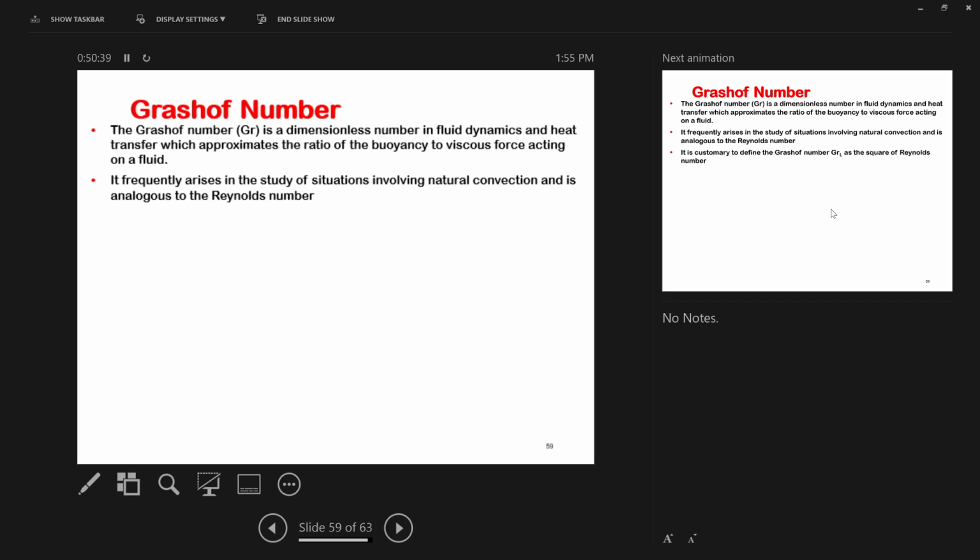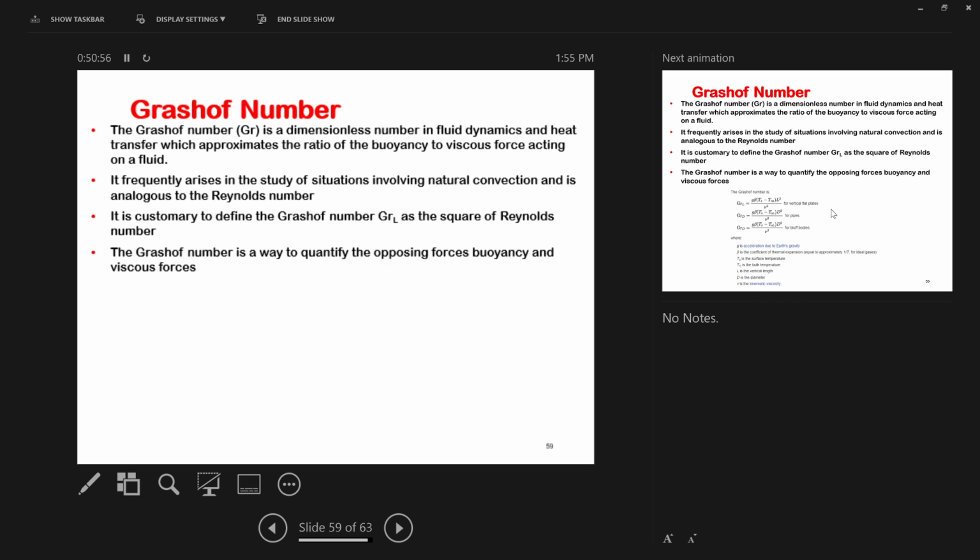I mean, we're going to get there, but the most important characterization of natural convection is going to be your Grashof number. It is customary to define the Grashof number as the square of the Reynolds number. So in natural convection, if you were to calculate the Reynolds number, you have to calculate the Grashof number and then take the square root of it. Does that make sense? Okay.